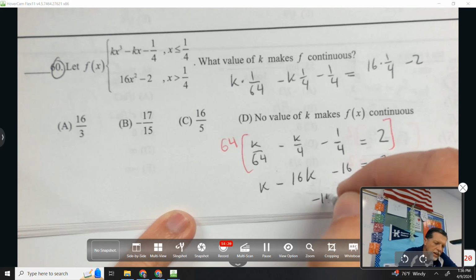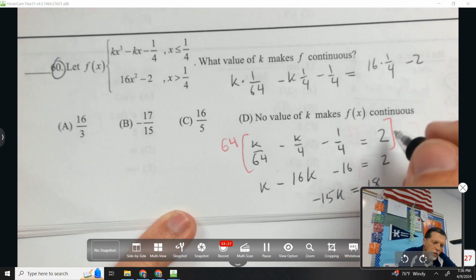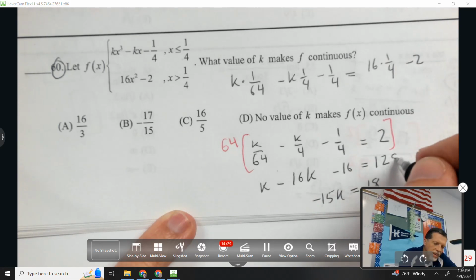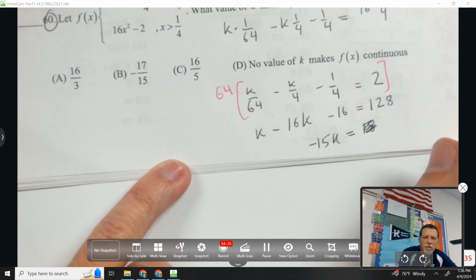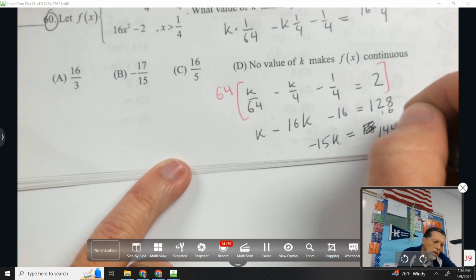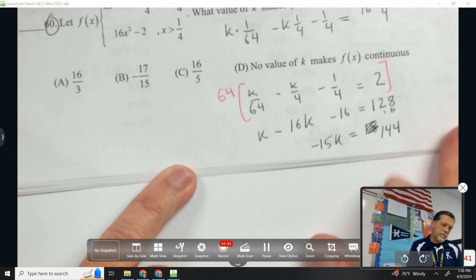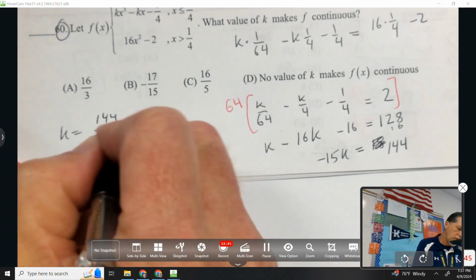So negative 15k equals 18. Uh-oh, what am I doing wrong? Oh, 64 times 2, it's 128. How about that for fancy work? 128 plus 16 is 144. So k is 144 over negative 15.